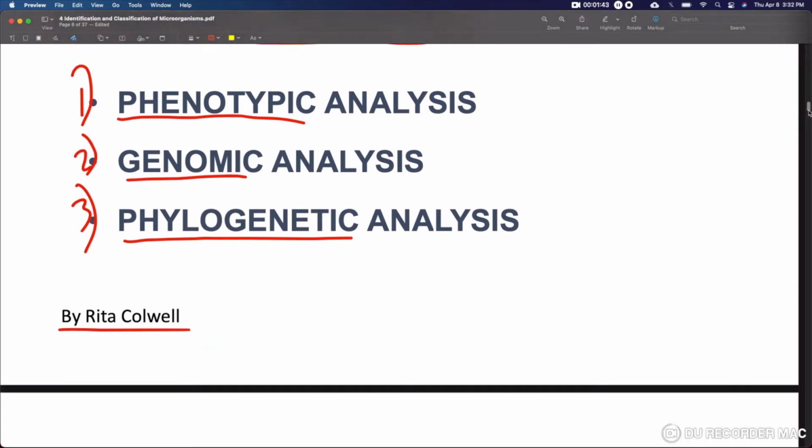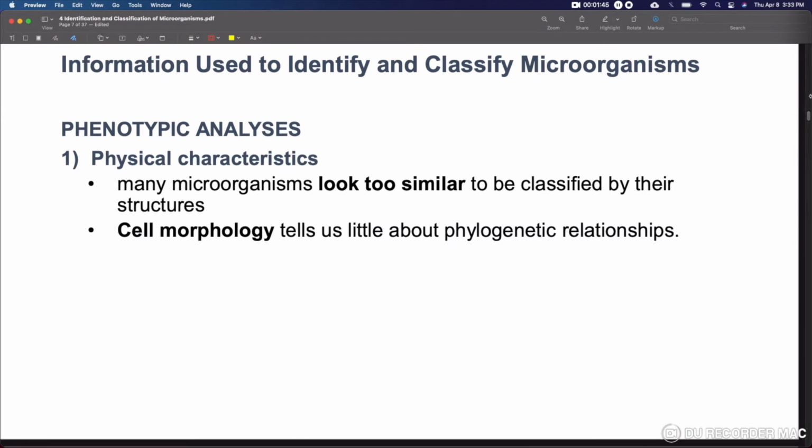So we'll discuss that in detail, starting with phenotypic analysis. The first examples of phenotypic analysis are, of course, your physical characteristics. This includes cellular morphology, and there's a problem with cellular morphology, if you know what I mean. Because, for example, if you use the Linnaeus scheme for cell morphology of your bacteria, it only pertains to at least 2 schemes.